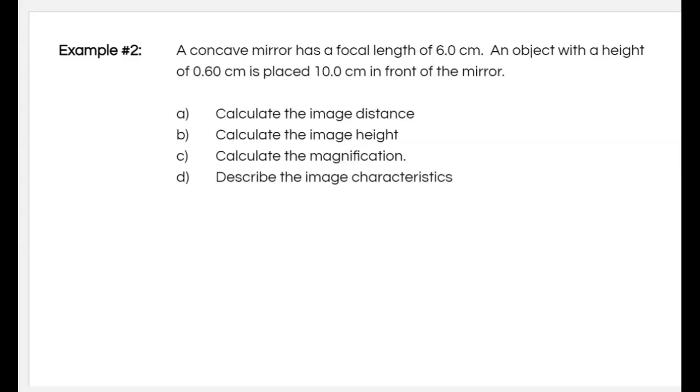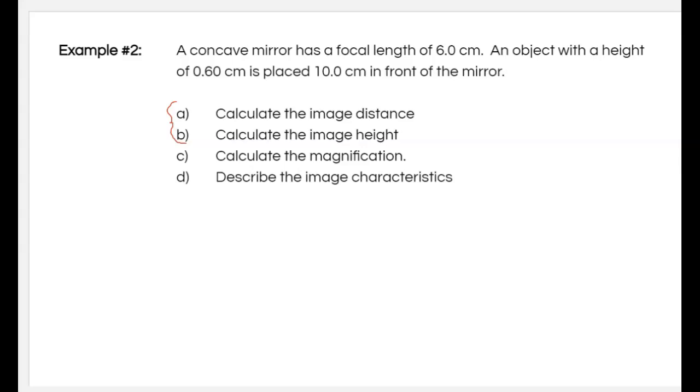Okay, so this question has multiple layers to it, parts A, B, C, and D. What I'd like you to do is to try parts A and B first, and then we'll take them up. But let's read out the question first. It says a concave mirror has a focal length of 6 centimeters. An object with a height of 0.6 centimeters is placed 10 centimeters in front of the mirror.